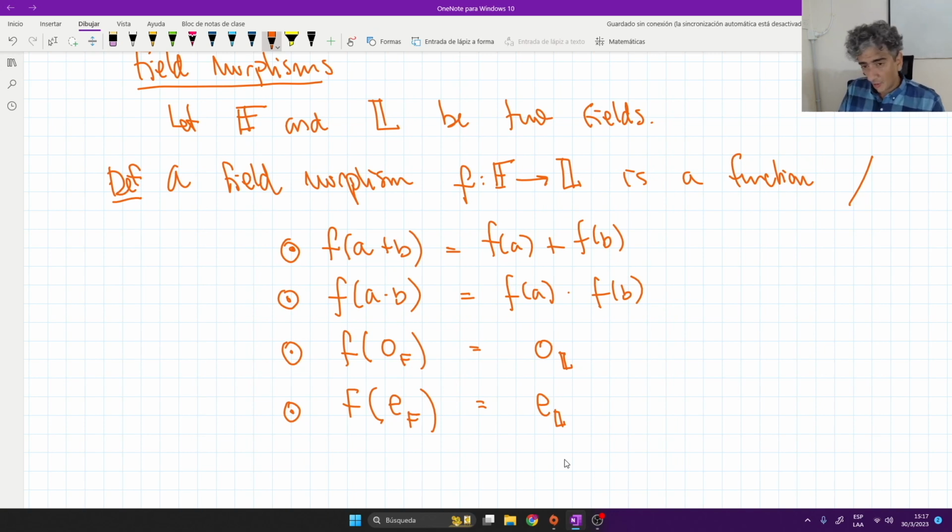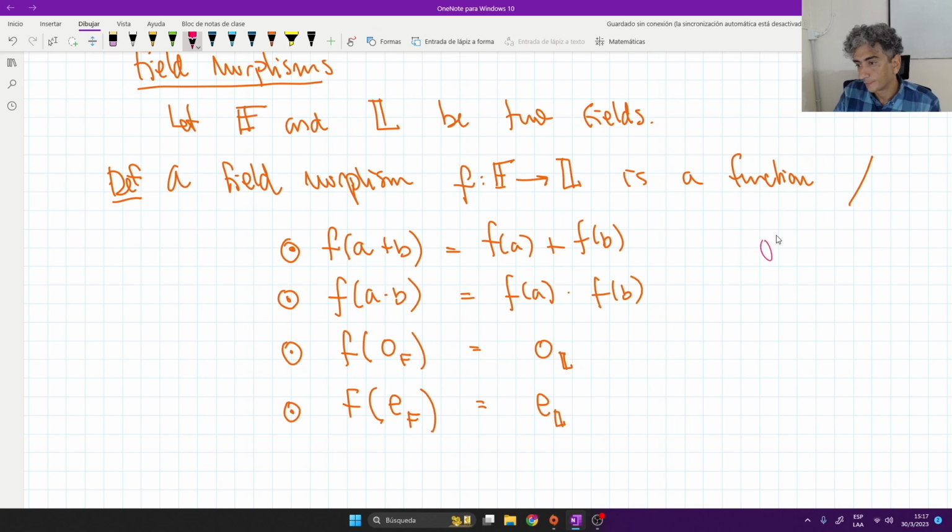That is, two different elements of F end up landing in two different elements of L. So there are no two distinct elements from the field F that correspond to a single element of L. This is important because field morphisms allow us to view F as a subset of L.